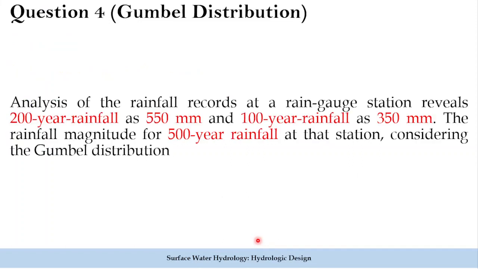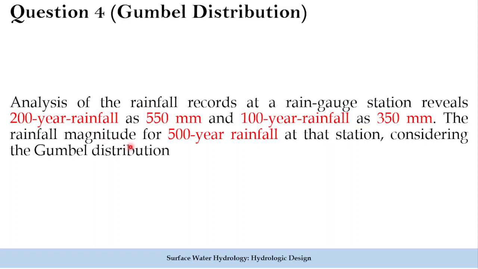Moving ahead, let us solve the last problem of today's series, that is the problem on Gumbel distribution. Let me read the problem. Analysis of the rainfall records at a rain gauge station reveals 200-year rainfall as 550 mm and 100-year rainfall as 350 mm.